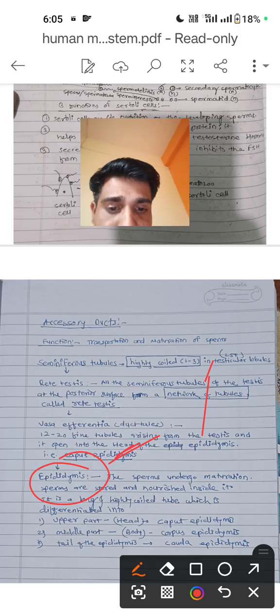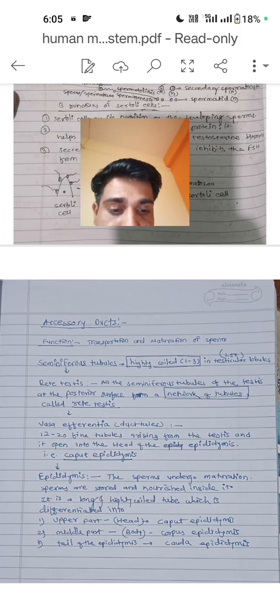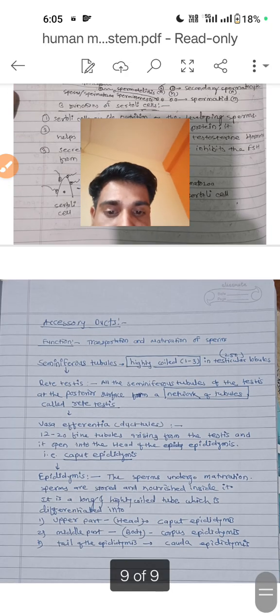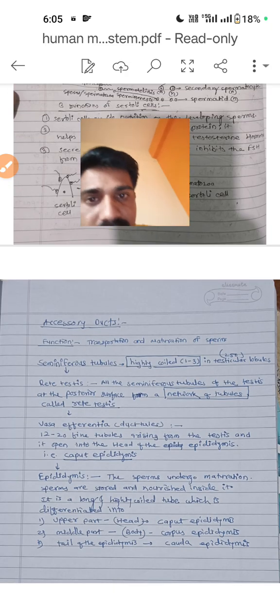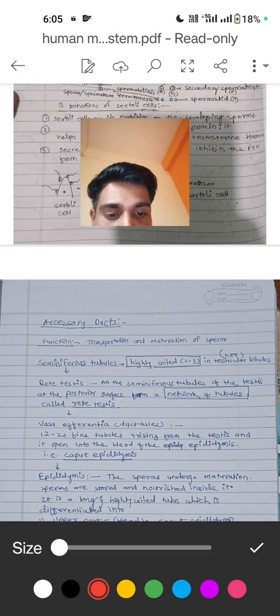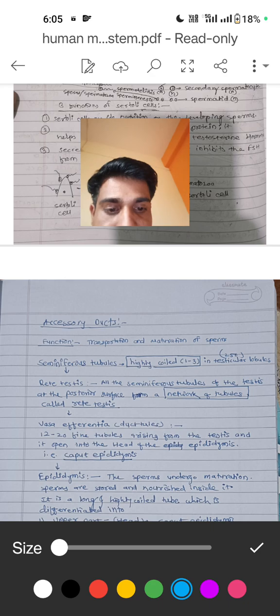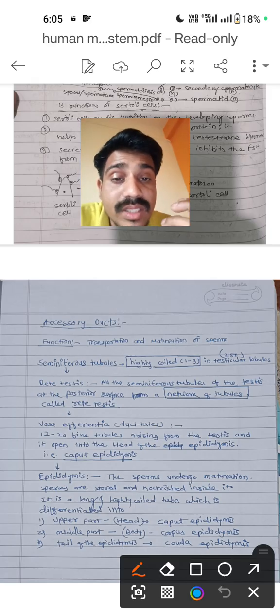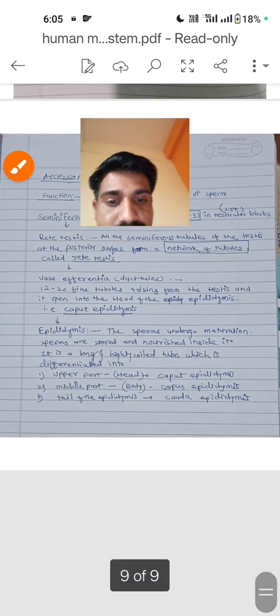All the maturation occurs inside the epididymis, and the sperms are also stored and nourished here. The three parts: the upper part is the head of the epididymis, the caput; the middle part is the body, known as the corpus epididymis; and the tail is the cauda epididymis. From the cauda epididymis the vas deferens is formed.